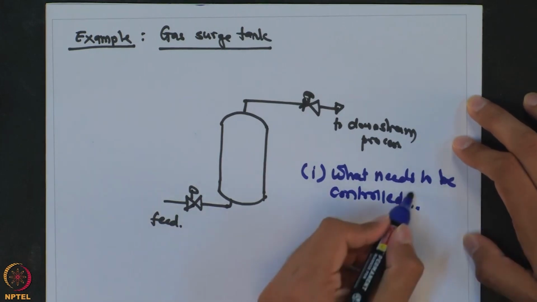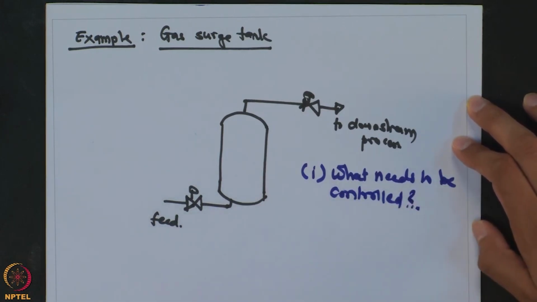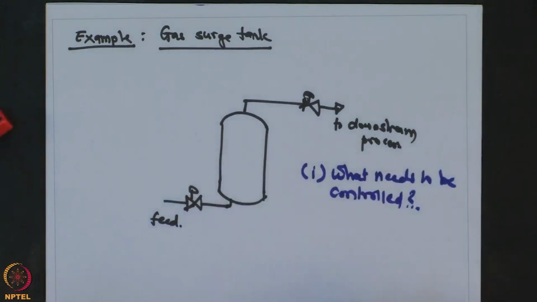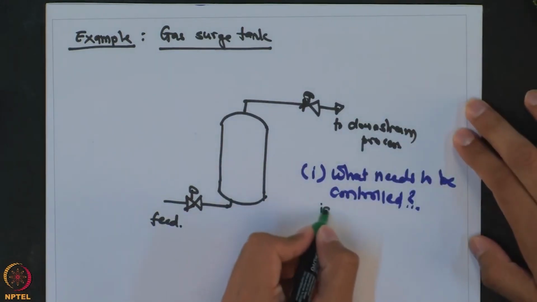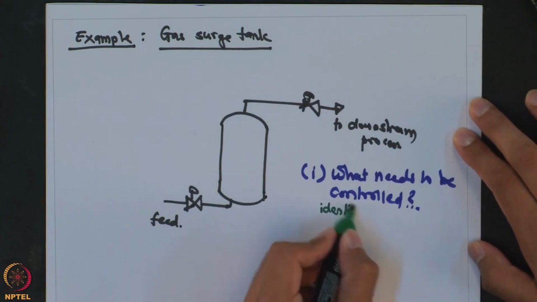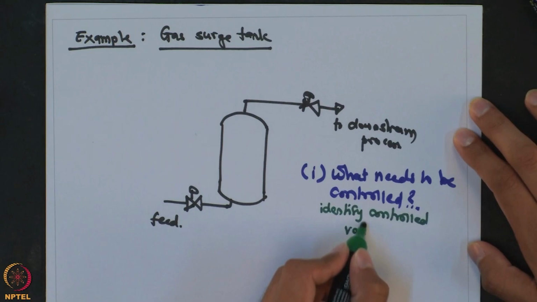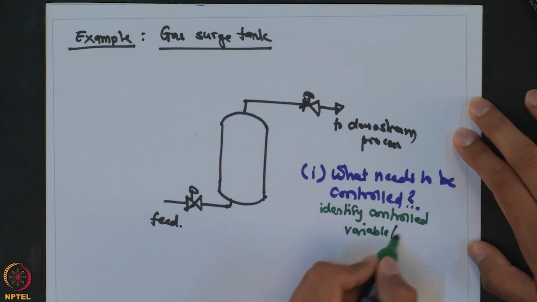This is the primary question whenever you are given any process: what is the controlled variable? The answer to this is to identify the controlled variable or variables.